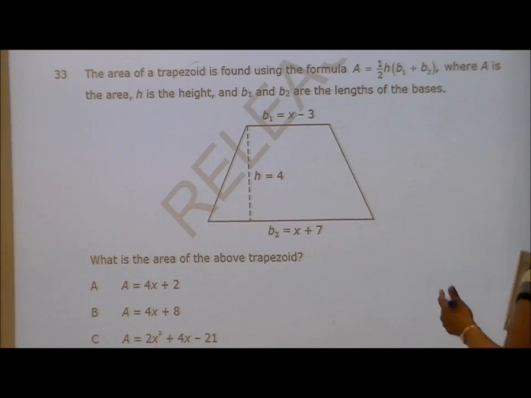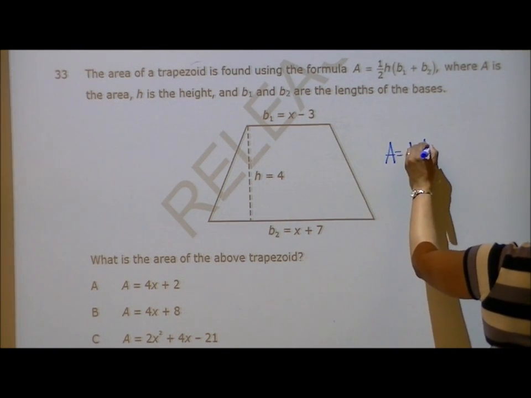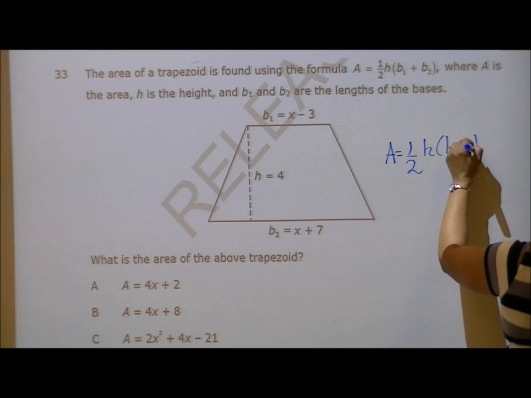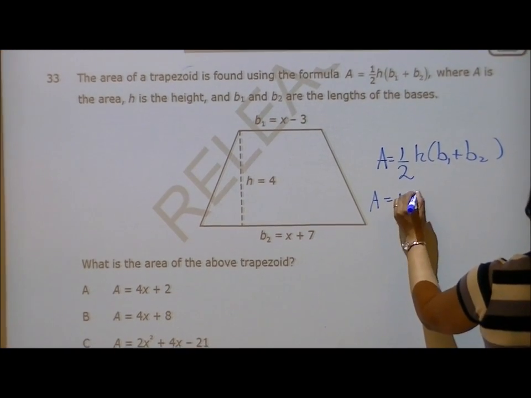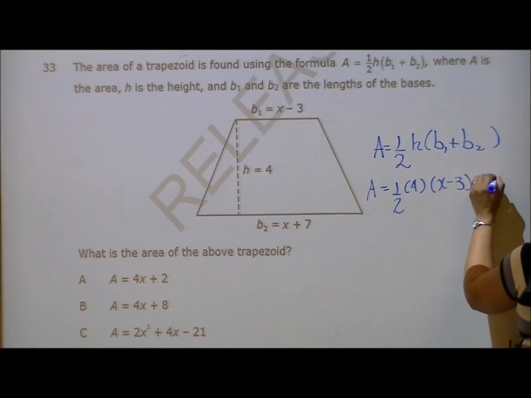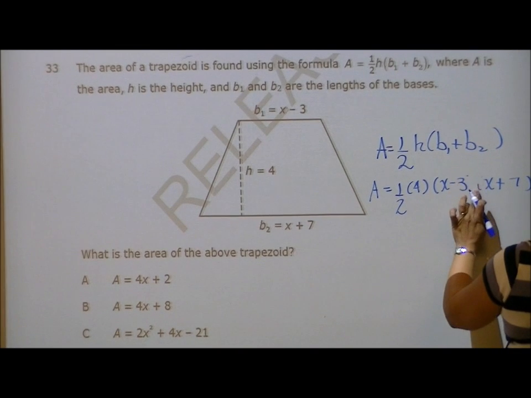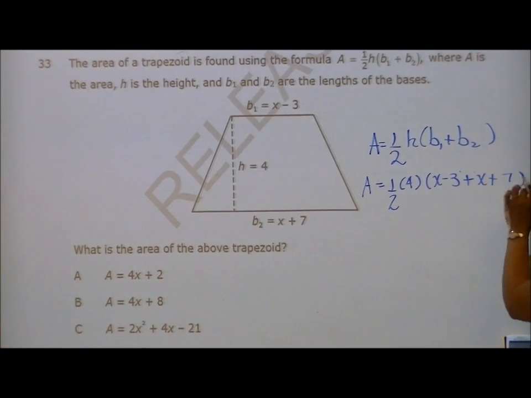So now it's just a straight plug-in. Area is equal to 1/2 the height times base 1 plus base 2. Well, area is equal to 1/2 of 4 times x minus 3 plus x plus 7. You add. I want to use polynomials and do some multiplication, but you don't do that.